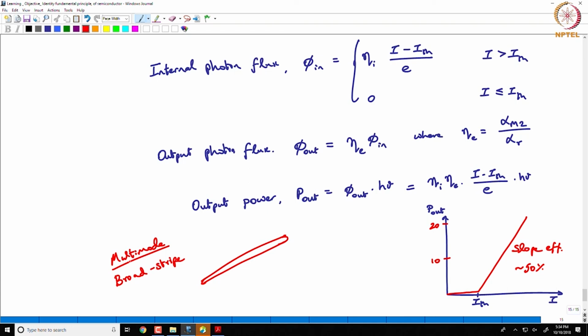So, the lasers that we use, they are all multi-mode lasers. They are actually coupled into a multi-mode fiber. Each laser is giving about 10 watts of power, and I have multiple lasers that are stacked on top of each other, and overall the emission starts looking like one large beam.